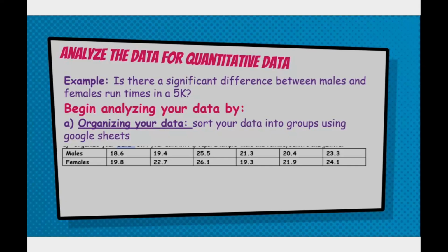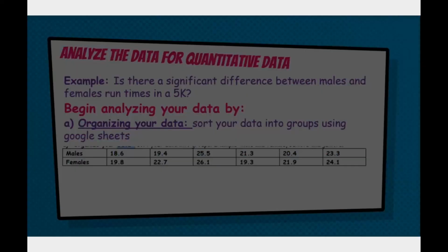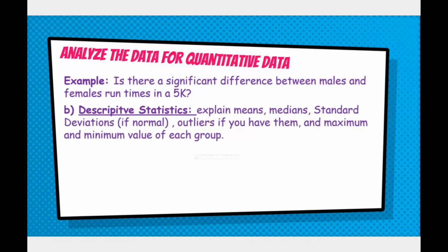I don't think I've said this so far, but you need to have 30 of each group. So this one wouldn't qualify. I only have 6 males and 6 females. But I wanted to put this up there just so we can have an example, since 30 wouldn't necessarily fit on this one page.